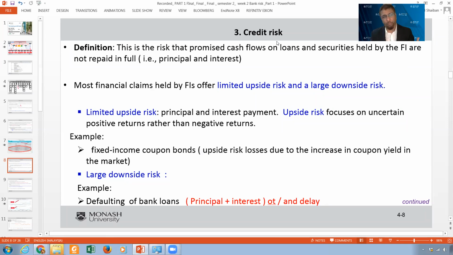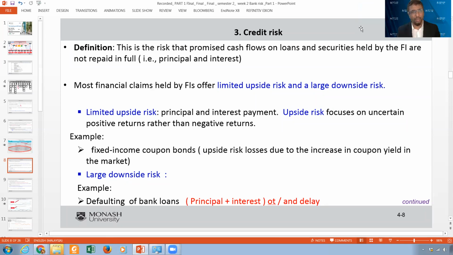Credit risk is the most common risk when we talk about banks, because giving loans is the traditional activity of banks. You can give loans or you can buy bonds or stocks from other companies as investments, and those companies default, or the customer defaults.